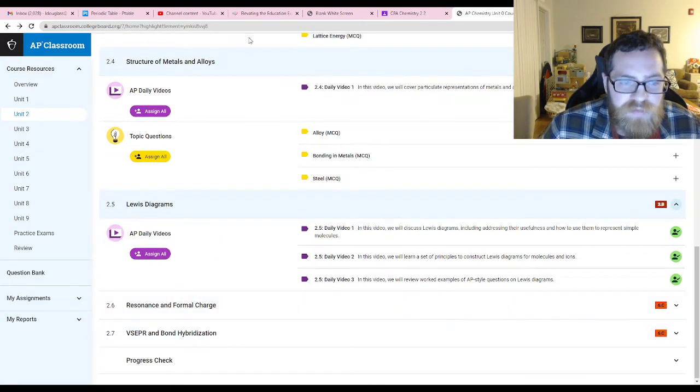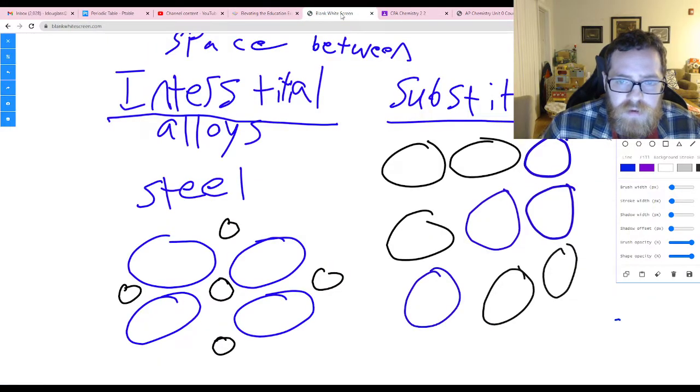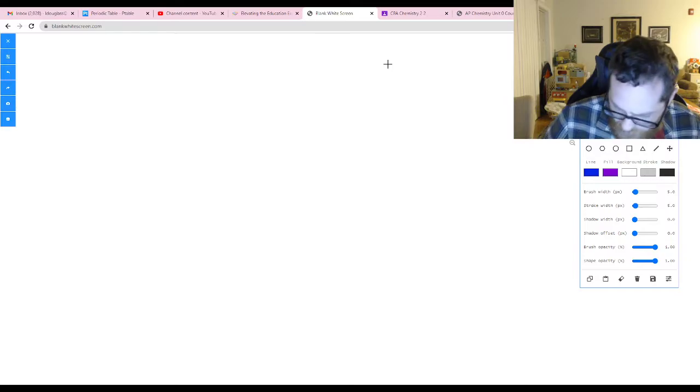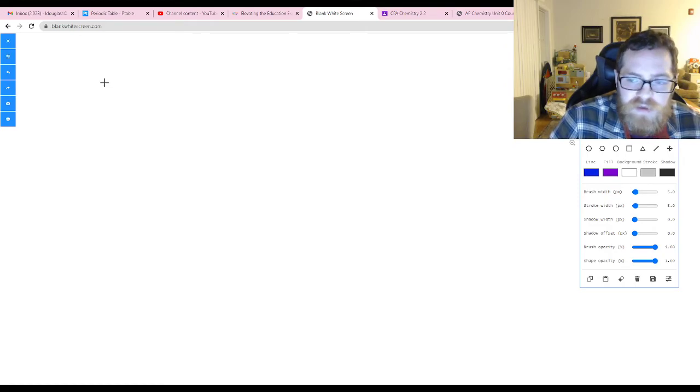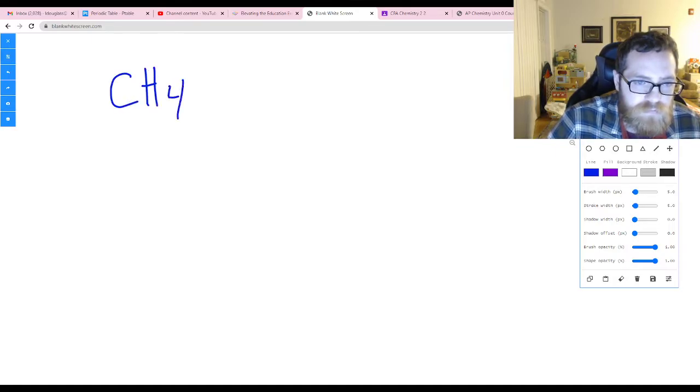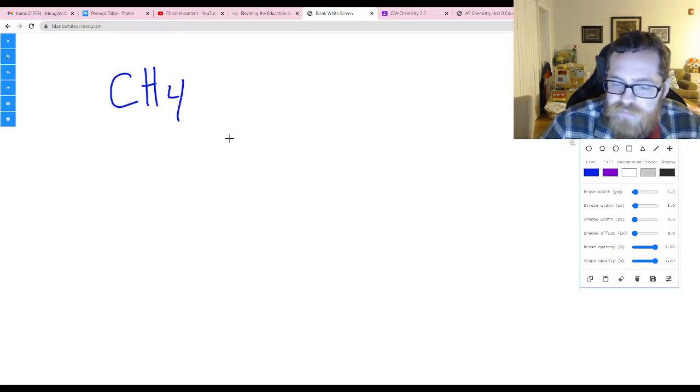Lewis diagrams are review for you guys, so this should go pretty quick. Lewis diagrams, remember, you start off with a formula. So, for example, CH4.